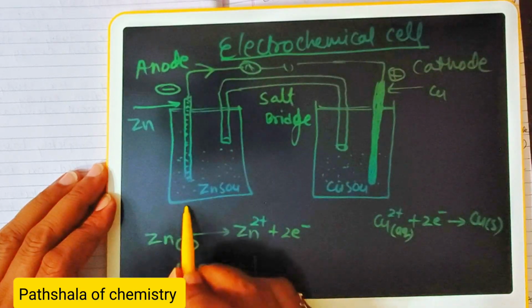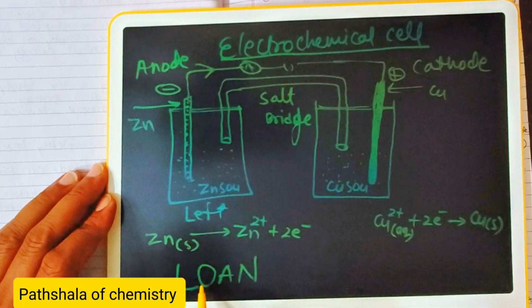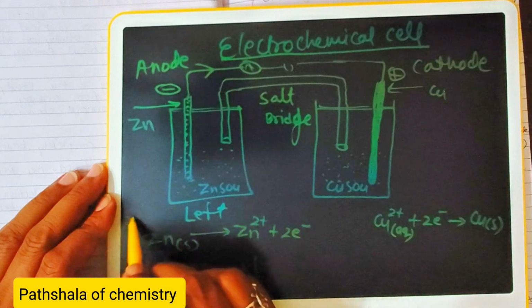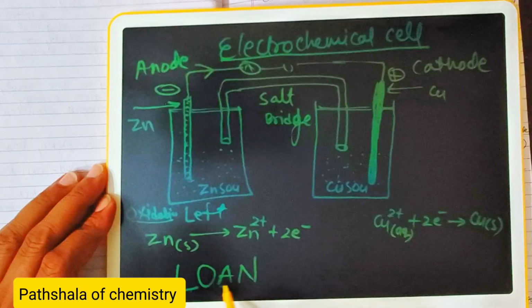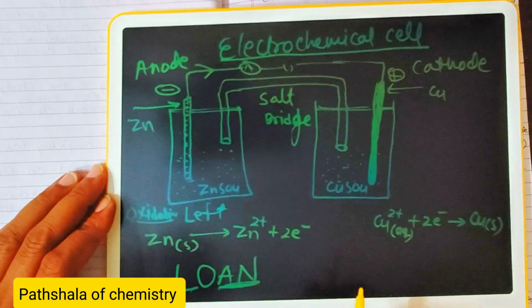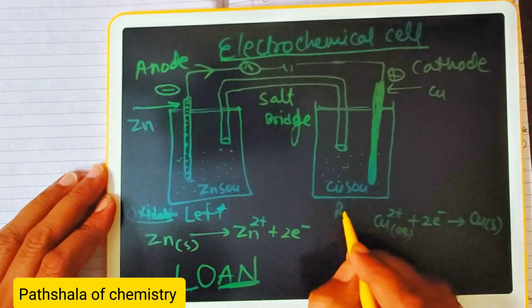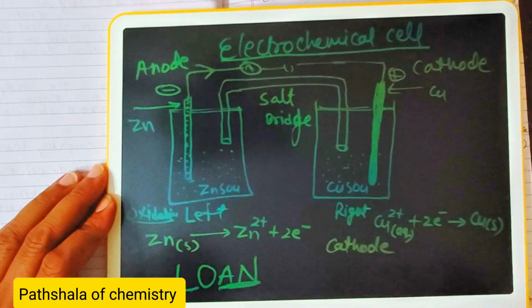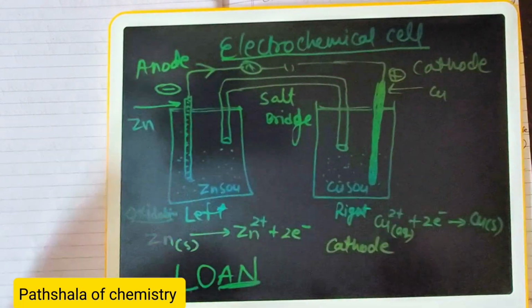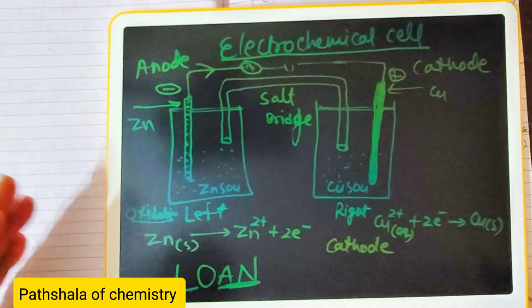L for left side, O for oxidation means on the left side oxidation takes place. A for anode, this electrode is called the anode. On the right side is the cathode, where reduction takes place. So this is the basic structure of a Daniell cell.